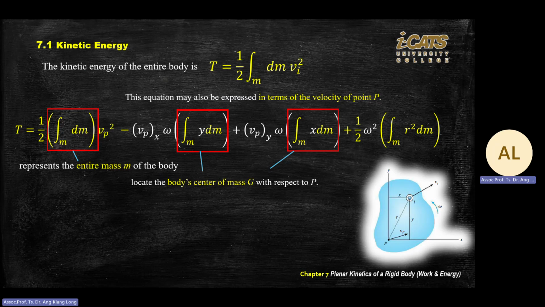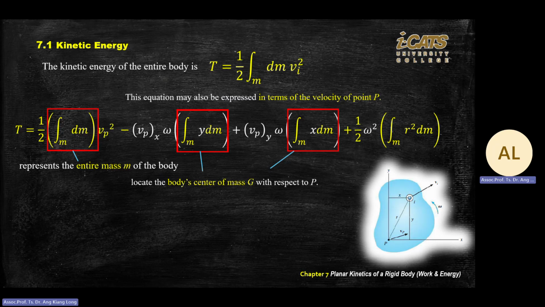This is from your previous statics or mathematics: you build a table, and at the end you find the sum of xi mi equals x bar m, and then you get the location of your x.